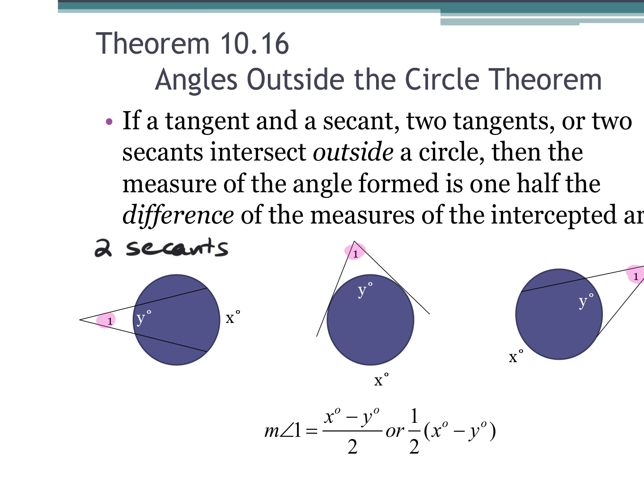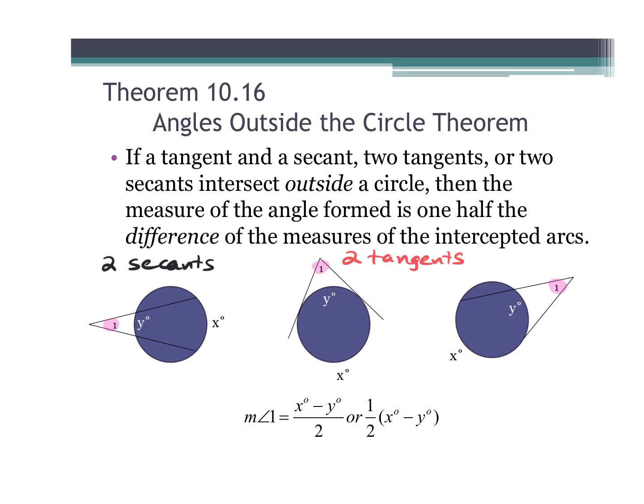Then the second picture, this is a picture of 2 tangents that are forming the outside angle. And then the last one is a picture of a tangent, which is here, and a secant. And they're together intersecting and forming the outside angle 1.